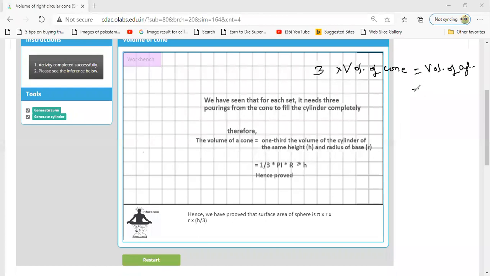And the volume of cylinder is pi r square h. This 3 will come to the right hand side. We get the volume of cone is equal to 1/3 the volume of cylinder. So we got the result.